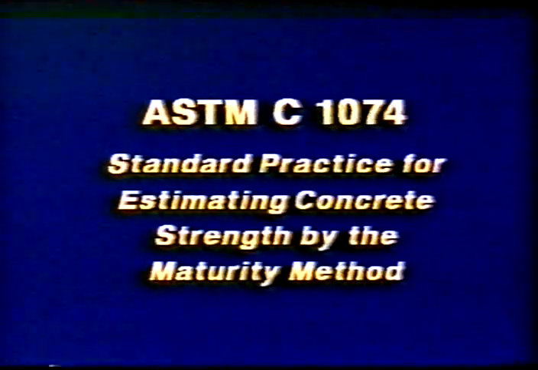The method is based on the assumption that concrete strengths are equal if they attain the same maturity regardless of temperature history. A mix-specific strength-maturity relationship is developed using concrete that contains the same materials, aggregates, cement, and admixtures that will be used in the job mix.